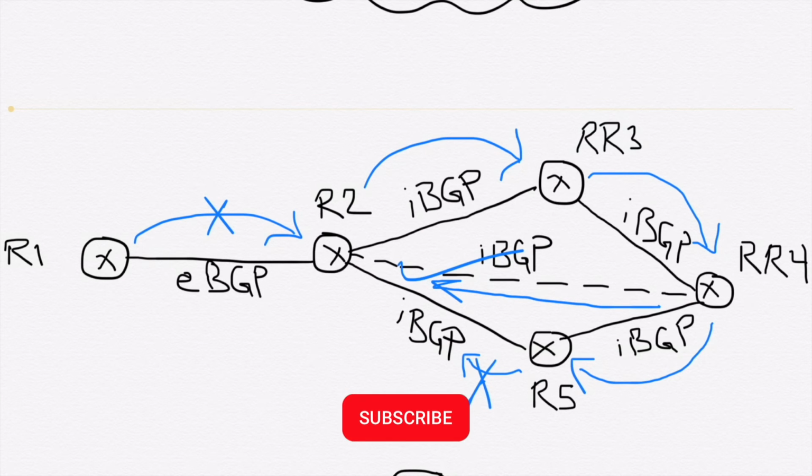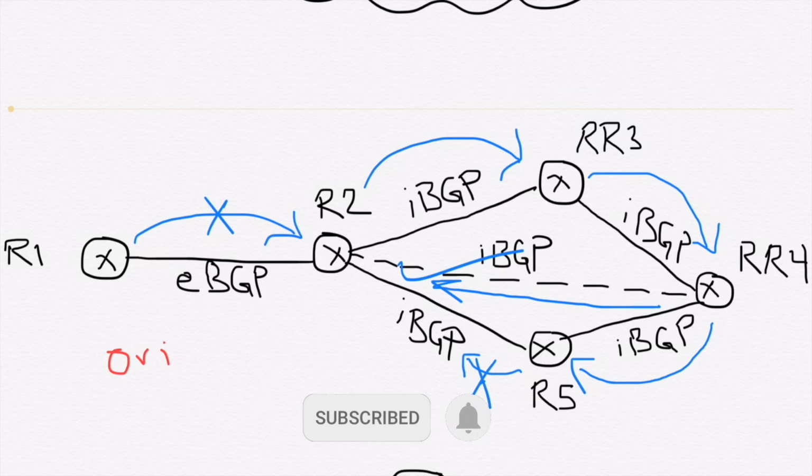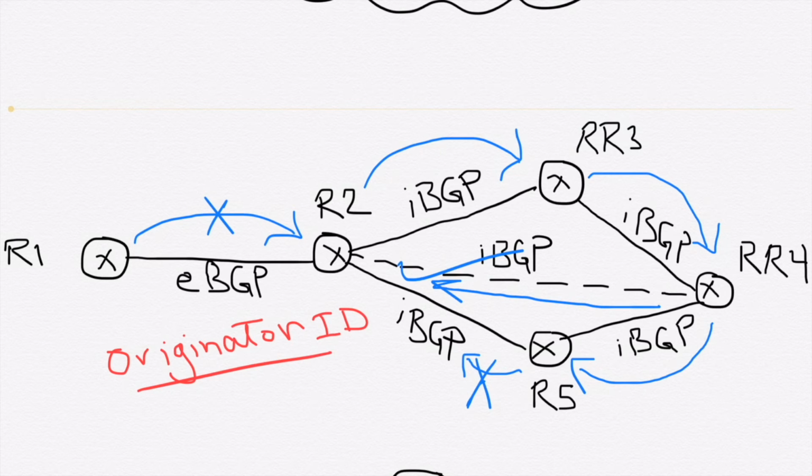Back again to the example where we discussed the issue of having iBGP routing loops between R2, RR3 and RR4. Now we can discuss adding the originator ID attribute. When R2 sends an iBGP update to RR3 and RR3 is going to reflect the received iBGP route from R2, RR3 as a route reflector will add the originator ID.